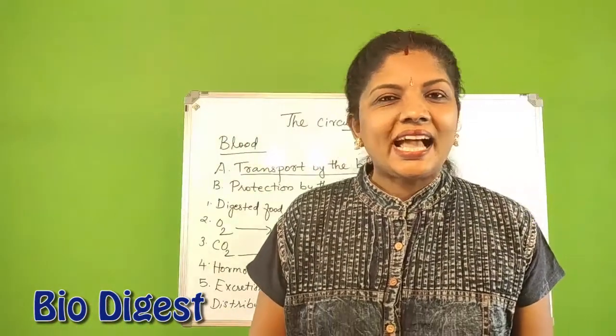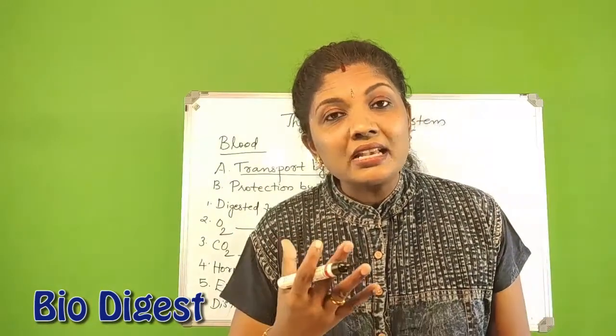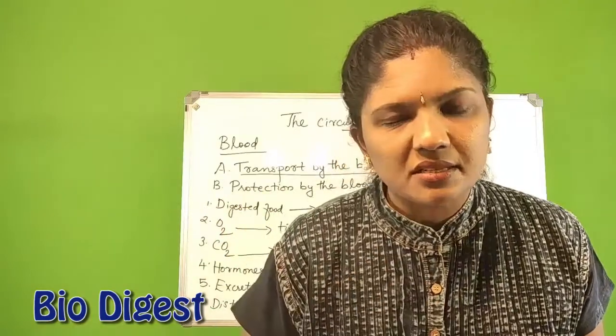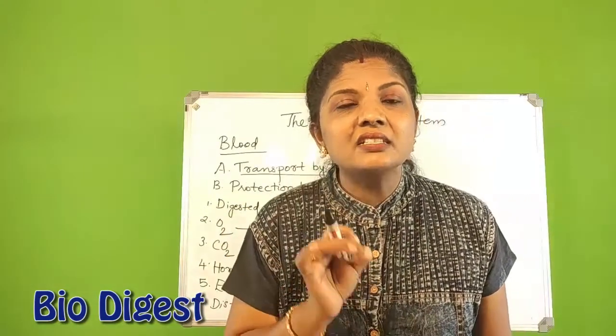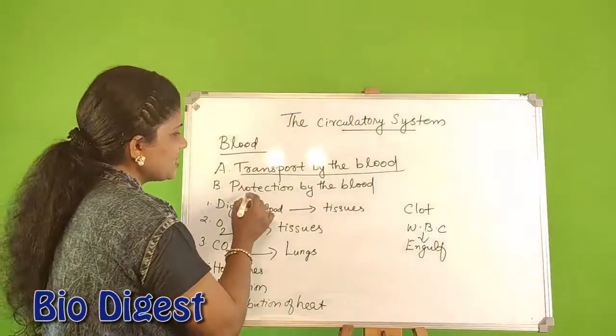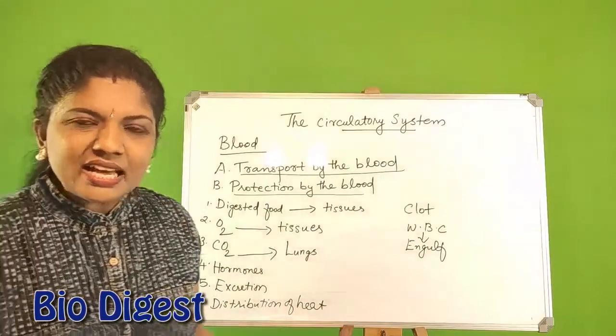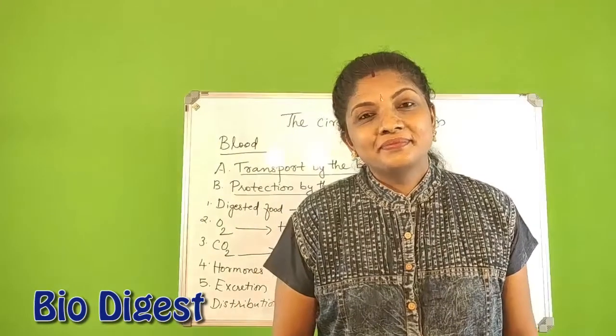It produces antitoxins and antibodies, which neutralize the poisonous substances that have entered inside our body. So in that way, the blood is providing protection to the body. These are the functions that are carried out by the blood.